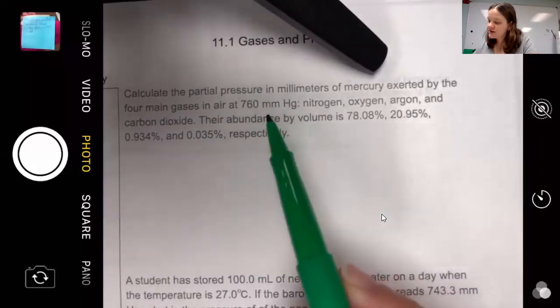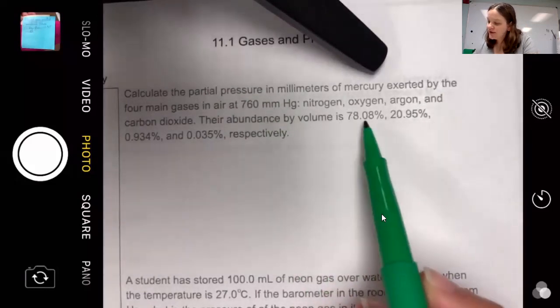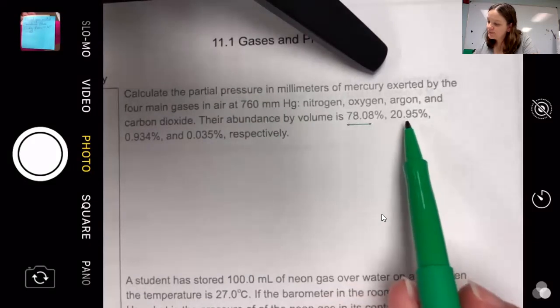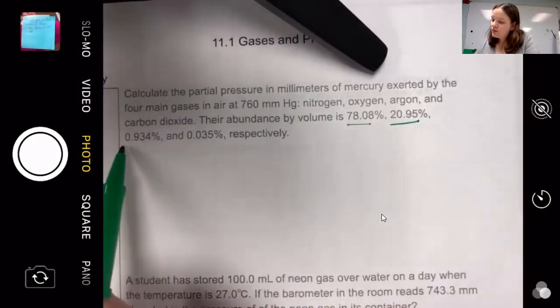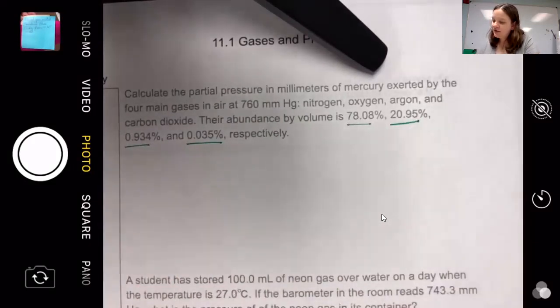This one is different because it gives us their abundance by volume, and so it wants us to calculate the partial pressure based on their volume or their percent abundance. I forgot to review how to do that.